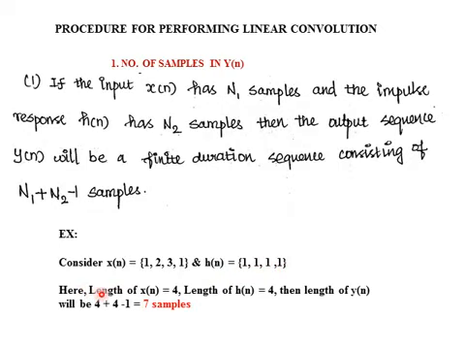So the length of x of n is 4, and similarly, the length of h of n is also 4. In such a case, the response y of n will have 4 plus 4 minus 1, which is equal to 7 samples. So this should be the first step in performing linear convolution. We have to determine the length of y of n by using the formula n1 plus n2 minus 1.